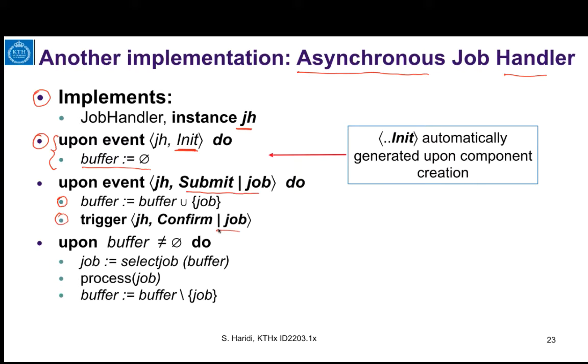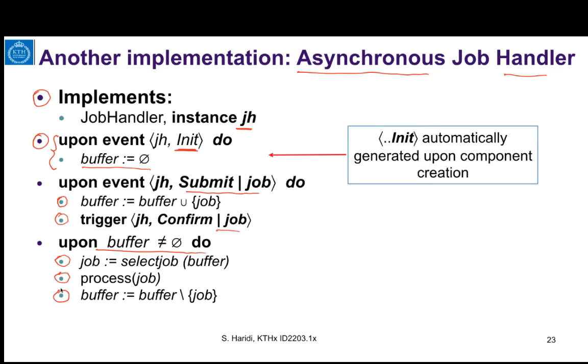And here is a specification where, as we said before, we don't specify an event as a message, but only as a state condition. Our state condition here is that the buffer is not empty. While the buffer is not empty, we select a job from the buffer, one of the jobs in this set of jobs.